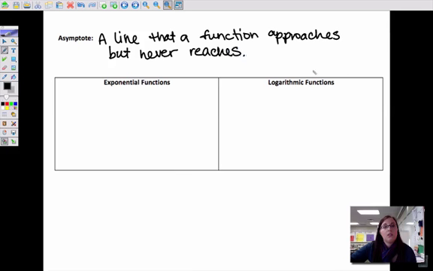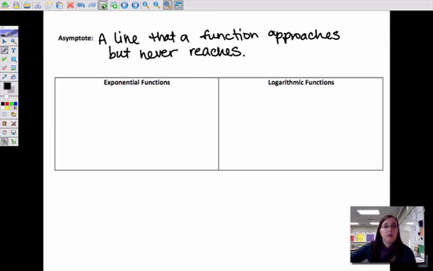Okay, so this has to do with the limit. Basically, with an exponential function, there is usually a certain place where it approaches a certain value but never actually reaches that value. And that's what an asymptote is, that invisible line that you can draw in there.